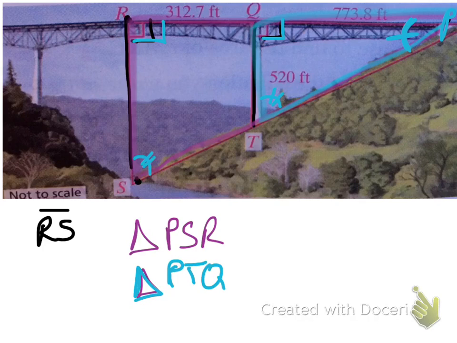And by knowing that you have even just two congruent angles, you know that you have similar triangles by angle-angle similarity. So you know triangle PSR is similar to triangle PTQ by angle-angle similarity.